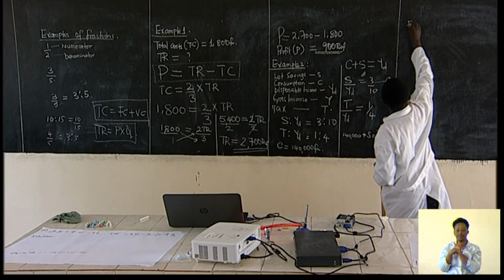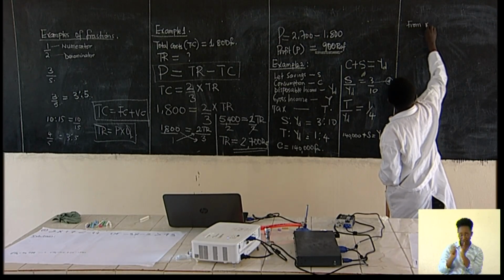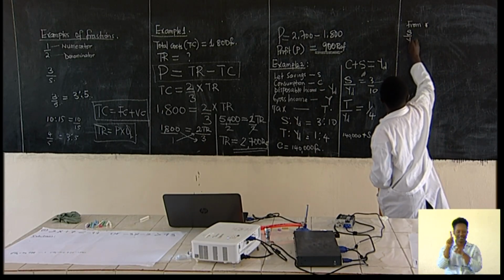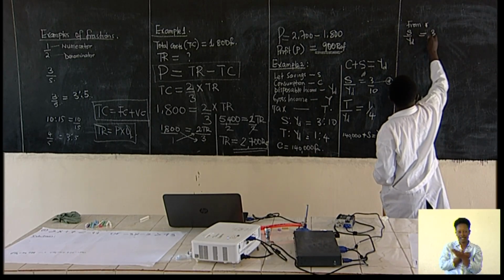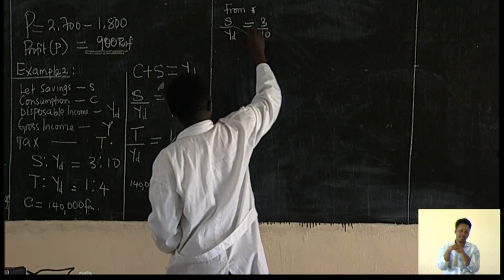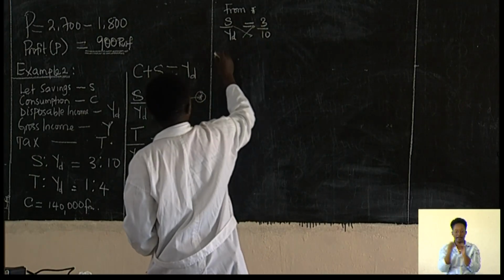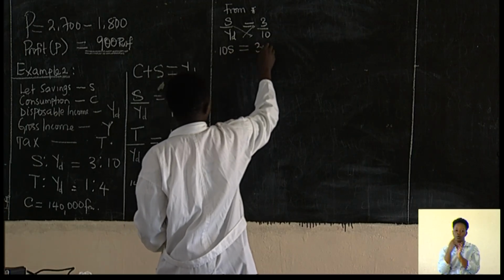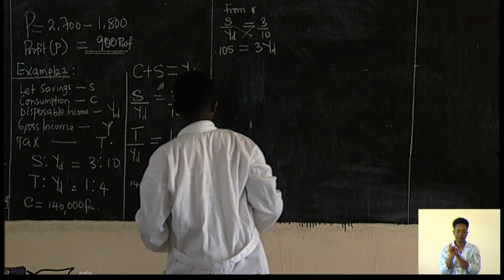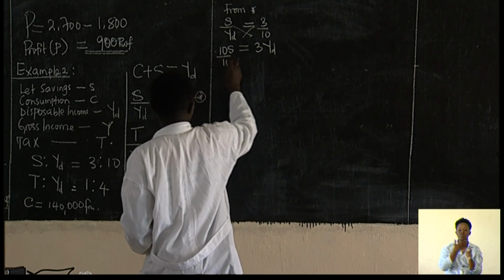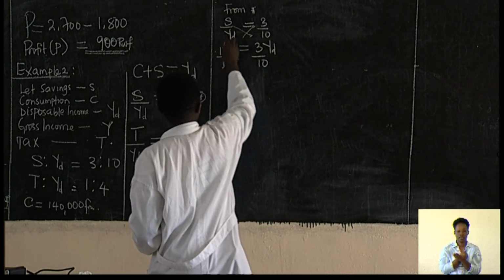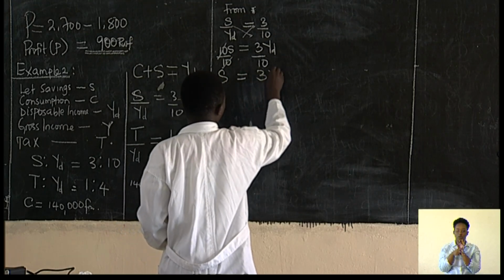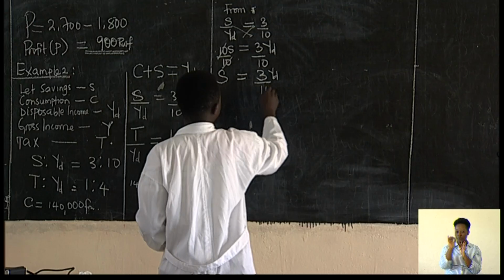From our equation star, where we have savings over disposable income equaling 3 out of 10, if you cross multiply this, we shall have 10S, which is savings, equaling 3YD, which is our disposable income. But we want S, so divide by 10. Our savings here is 3 of disposable income out of 10.